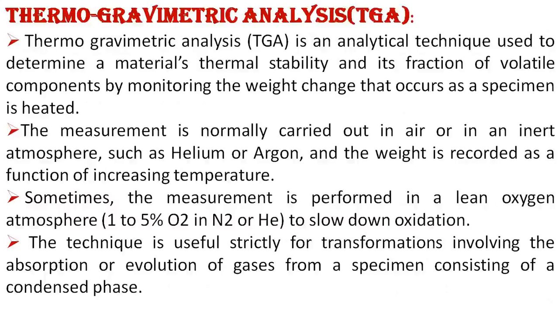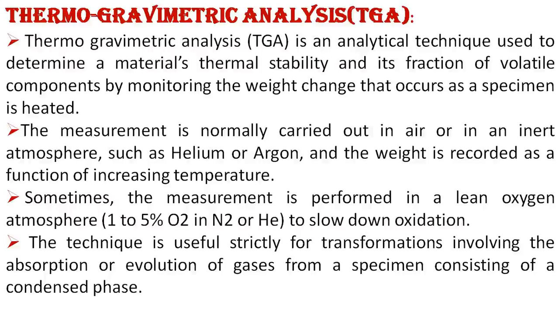Thermogravimetric analysis, TGA, is an analytical technique used to determine a material's thermal stability and its fraction of volatile components by monitoring the weight change that occurs as a specimen is heated. The measurement is normally carried out in air or in an inert atmosphere such as helium or argon, and the weight is recorded as a function of increasing temperature.